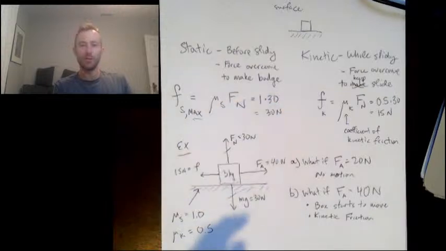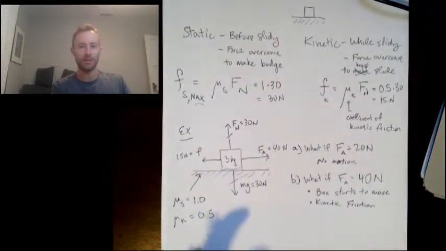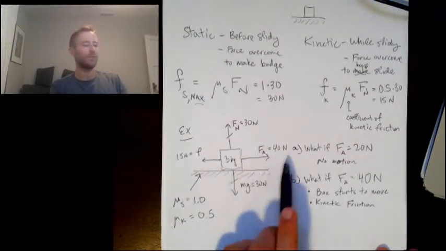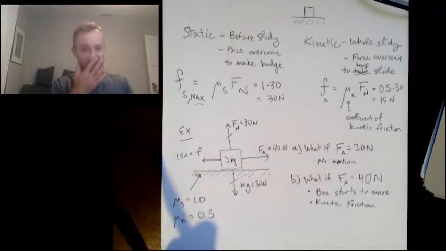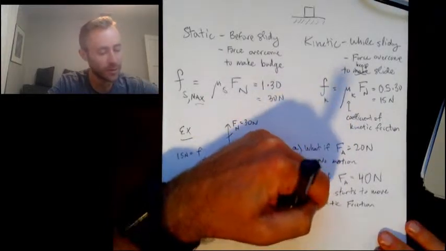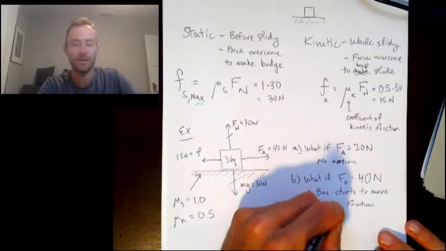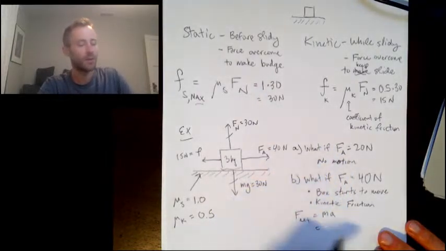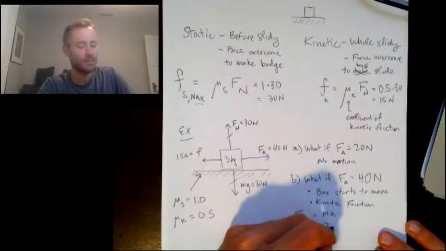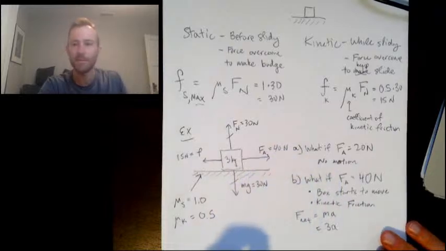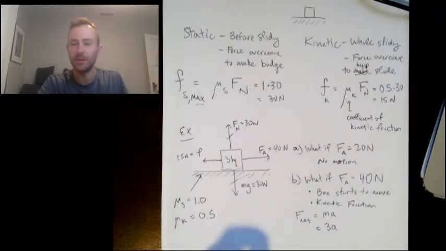So who can tell me what is the net force on the box in this case, if we have 40 newtons to the right and 15 to the left? Okay, so if I go to Newton's second law, net force equals ma. Well, the mass of the box is 3. And is anyone going to tell me what the net force is?